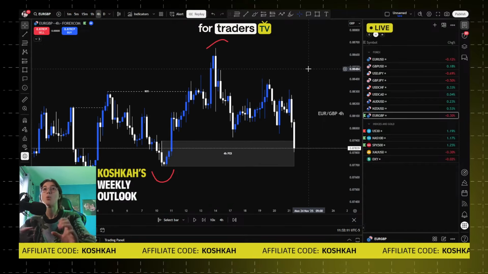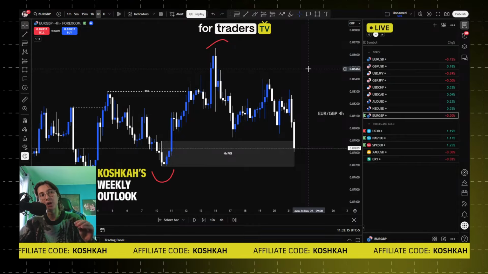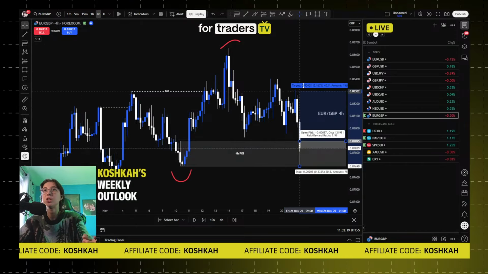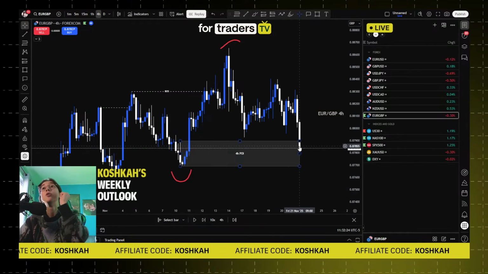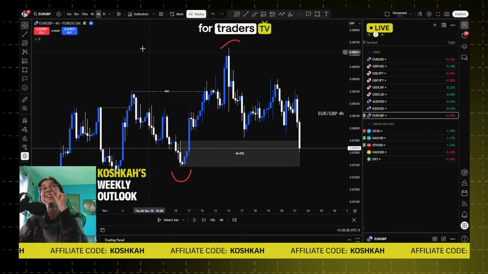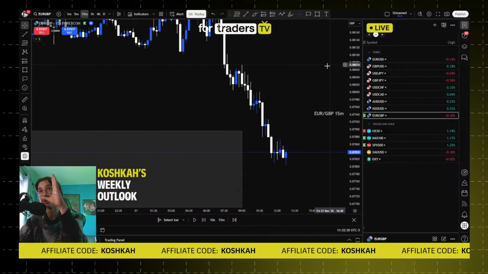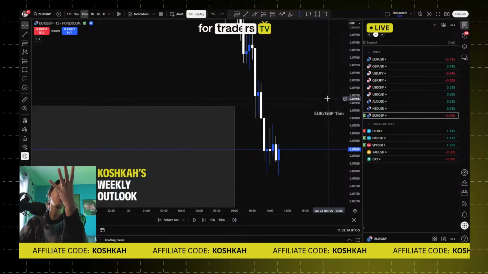It's not just when we tap into the POI that we enter. We wait for a confirmation. It's not like you enter here and pray for the best. You wait for the POI mitigation, and then you go on the 15 minutes, and you wait for a 15-minute change of character.